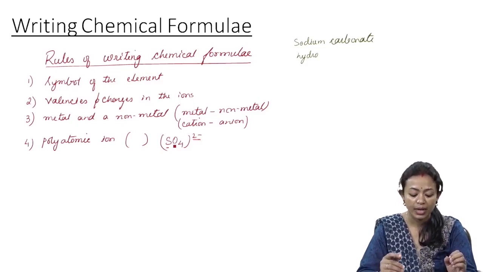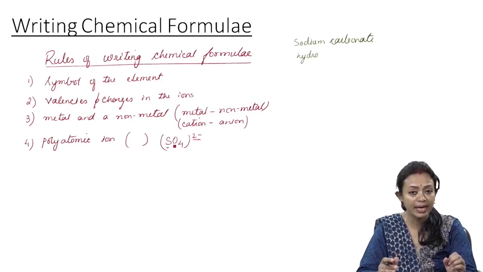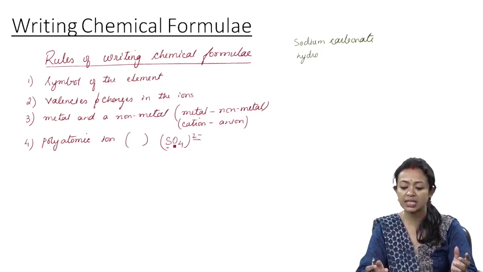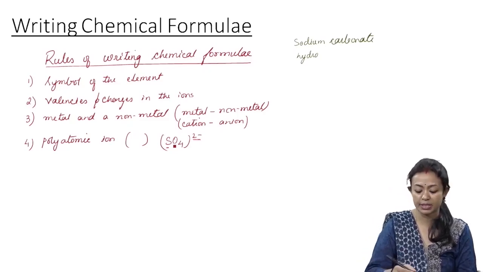Whereas for every polyatomic ion, we need to put it inside a bracket in a chemical formula to distinguish it from an atom, to specify that it is a polyatomic ion and not an atom or any cation or anion.